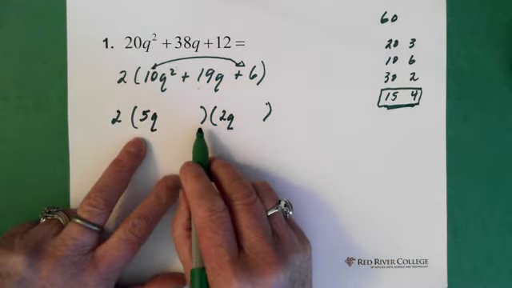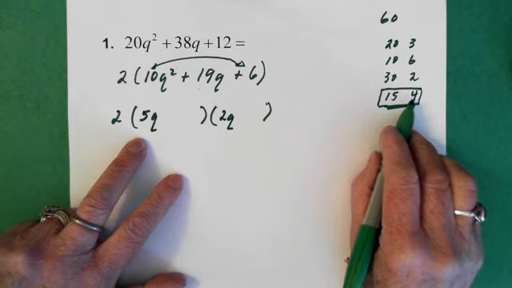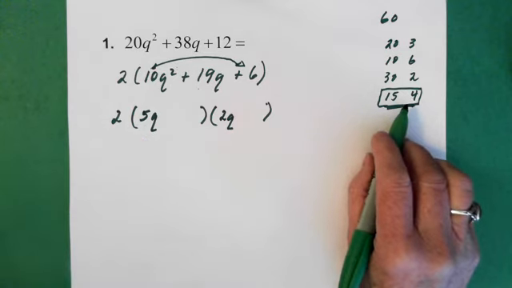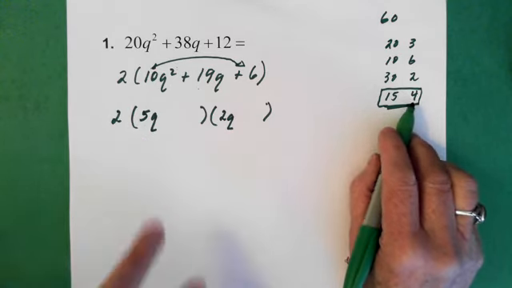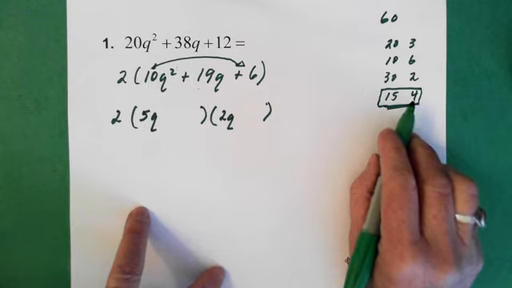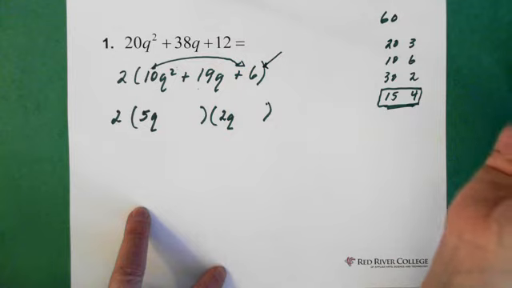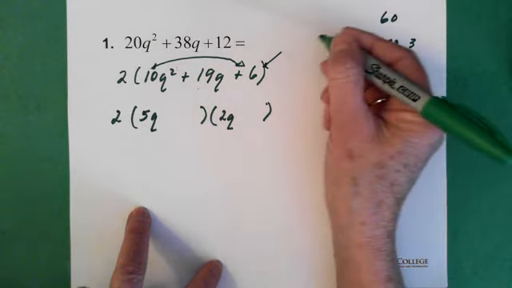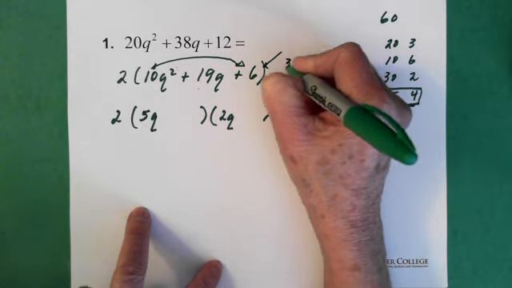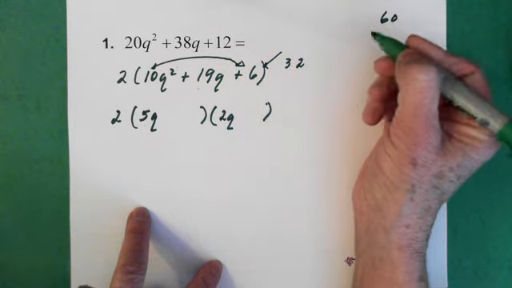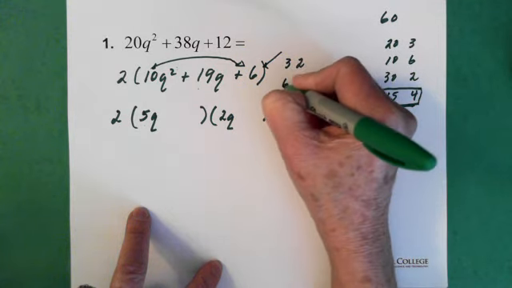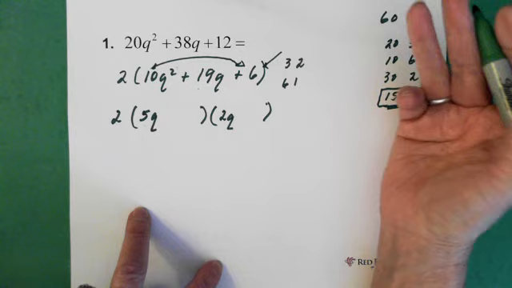All right? Now, for the 4, what am I going to do? Now here at this point, I look at my 6. In order to get a 6, I need either a 3 times 2, that's a possibility, or 6 times 1, that's about all there is, right?